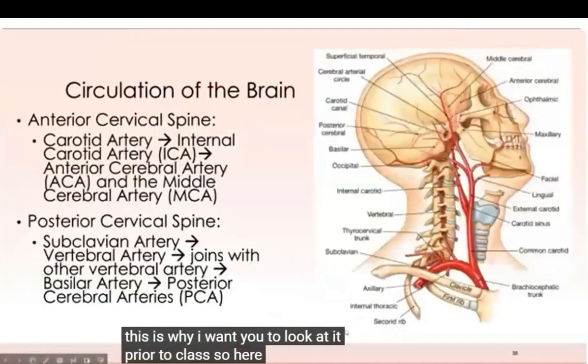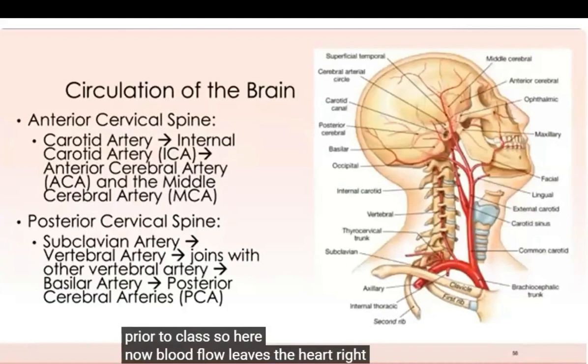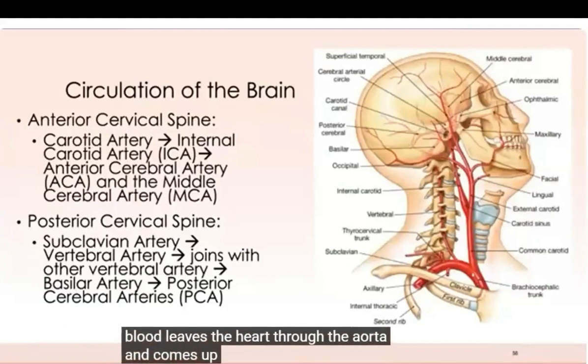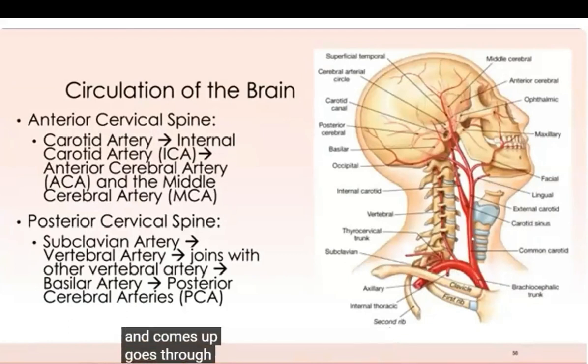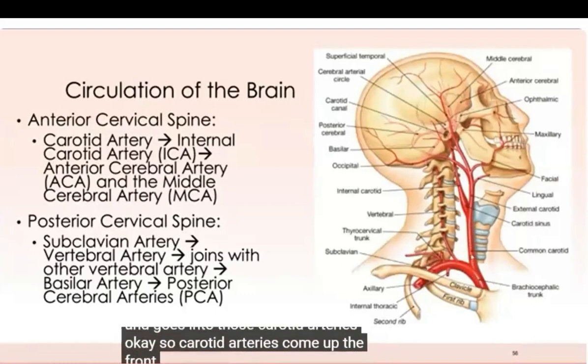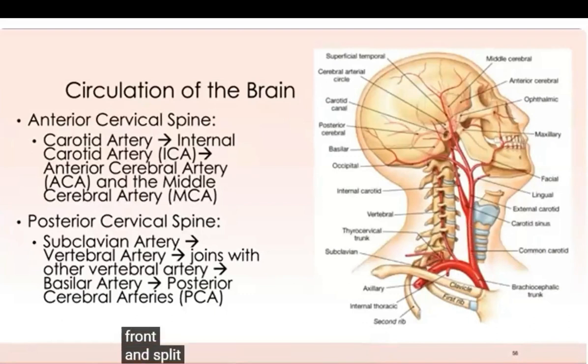So now, blood flow leaves the heart, right? Blood leaves the heart through the aorta, comes up, goes through the subclavian artery and into the carotid arteries. The carotid arteries come up the front and split. Let me back up.